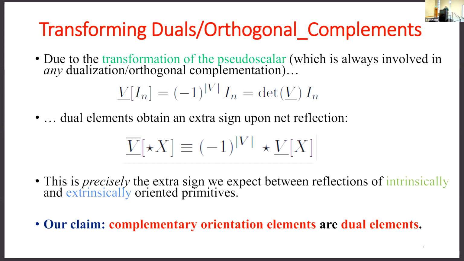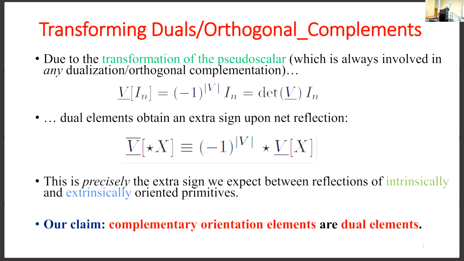Well, that's precisely the sign we were looking for to characterize that difference between the extrinsic, the pointing-out characterization, and the intrinsic, the in-plane orientation. So we're going to try to support the claim that these complementary orientation elements are actually each other's dual.